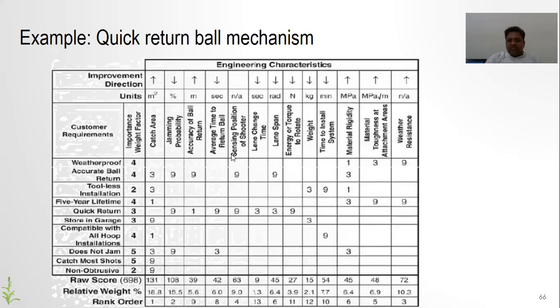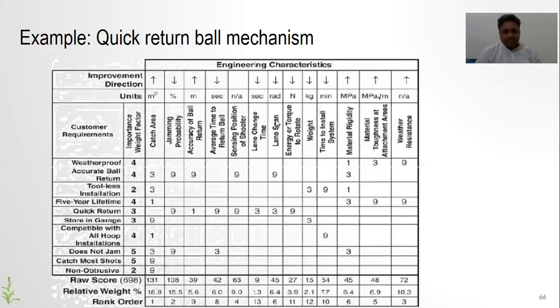Average time to return the ball. If it is in seconds, whichever is fewer seconds is better. Sensing position of the shooter. Then lane change time, seconds.